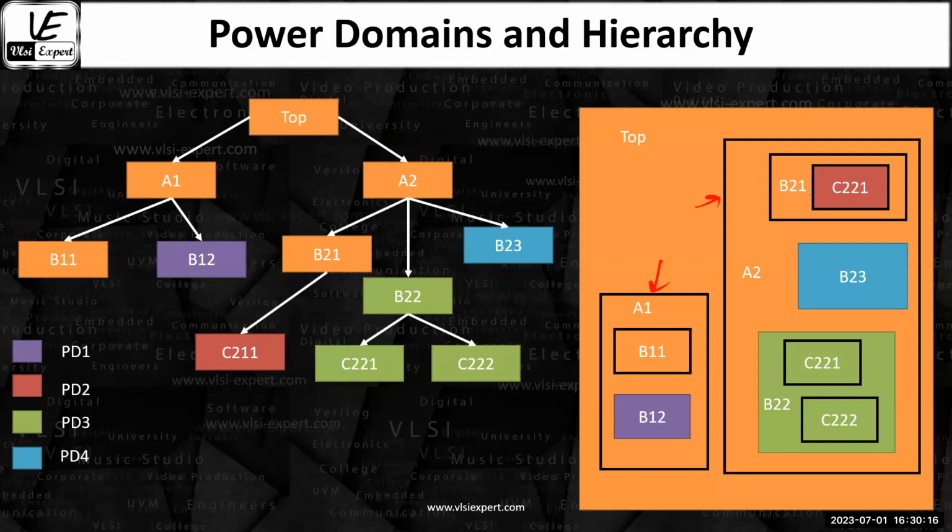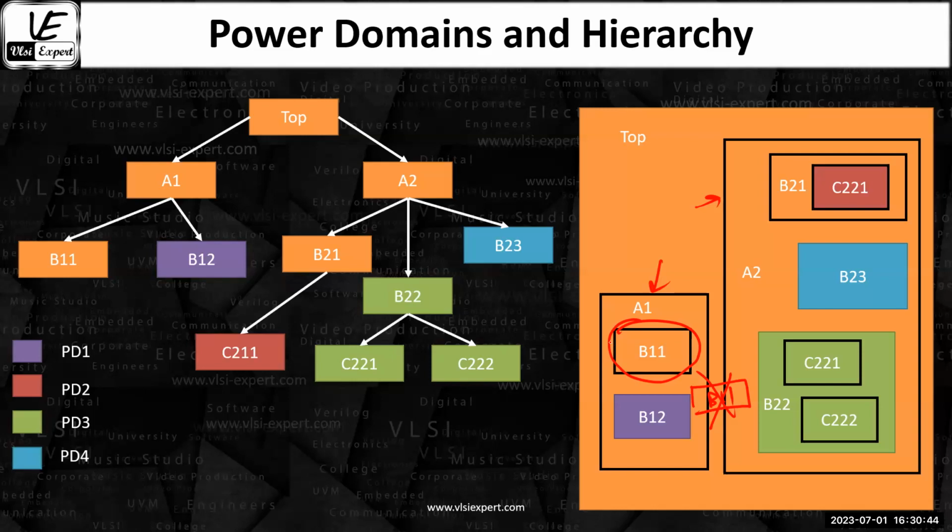Now B11 is supposed to be 100% inside A1. It should not be placed elsewhere, like this. That is not allowed. B11 is supposed to be inside A1. That's the reason we call it a physically hierarchical design.